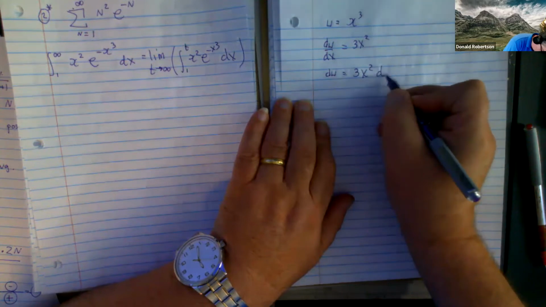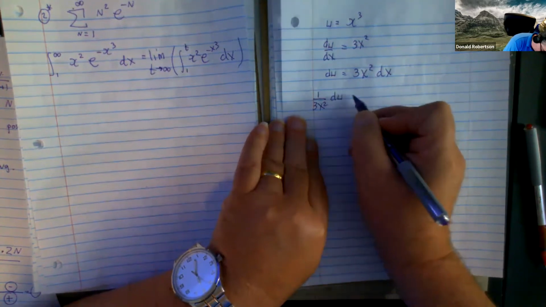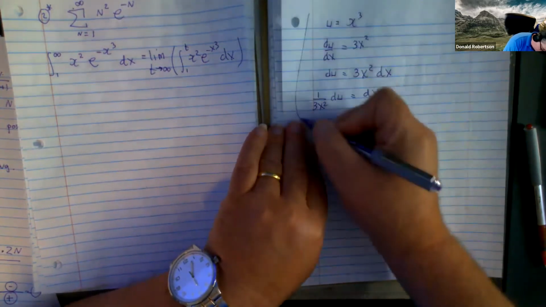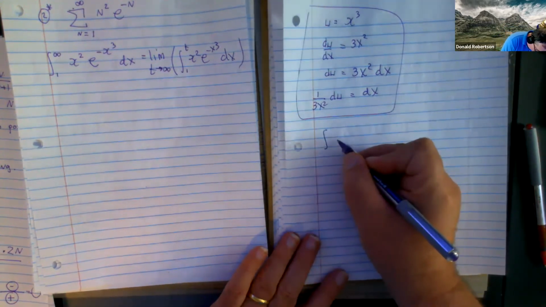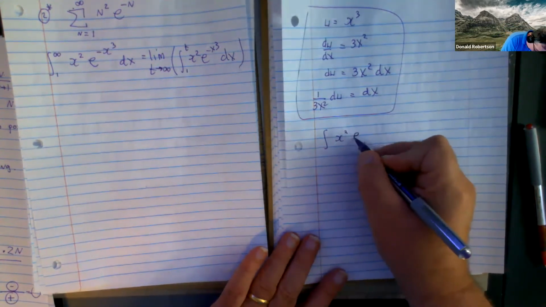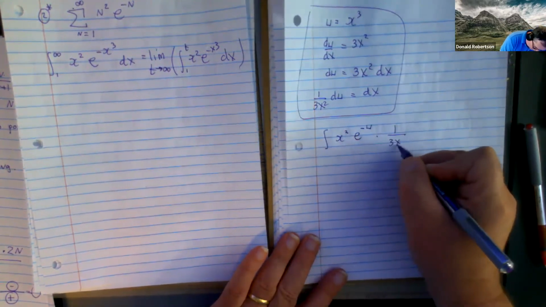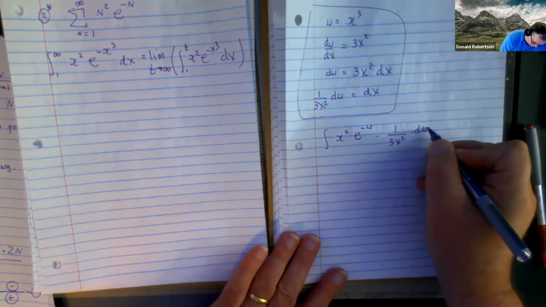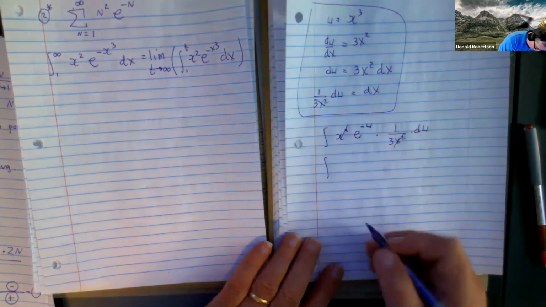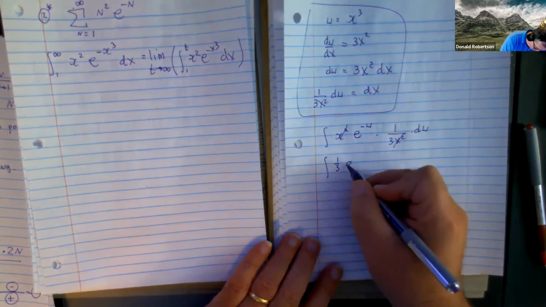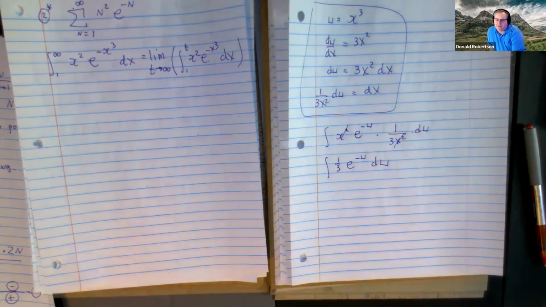You do the crossover, and you isolate by dividing both sides by 3x squared. That's pretty standard. So my integral now becomes x squared e to the negative u, and the dx is 1 over 3x squared du. These cancel out, and I now have 1/3 e to the negative u du. Much easier integral, right?